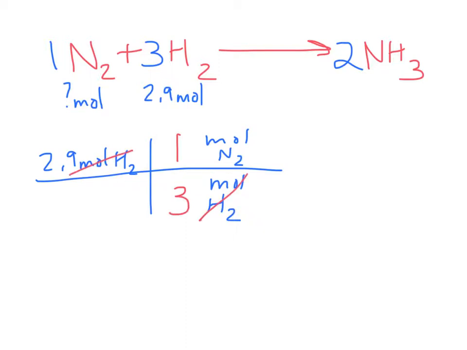So that's what our dimensional analysis is going to look like. And we're going to need 2 sig figs because of this in our answer. So 2.9 times 1 divided by 3, that's 0.9666666, repeating with 2 sig figs. That's going to be 0.97 moles of nitrogen.